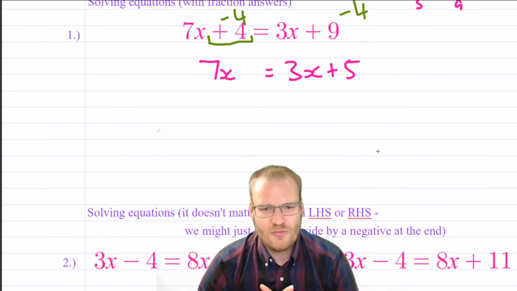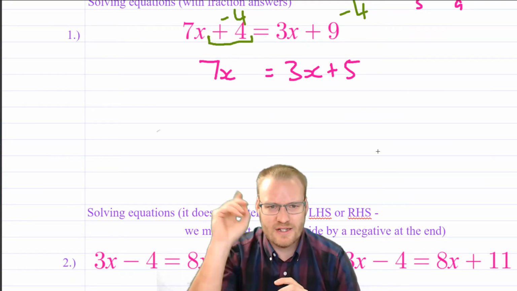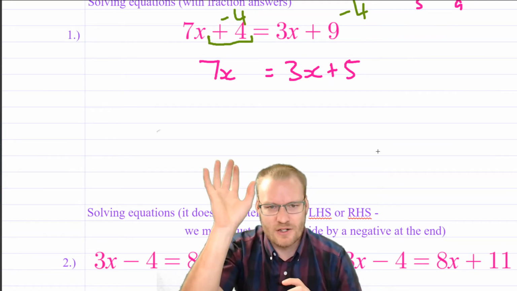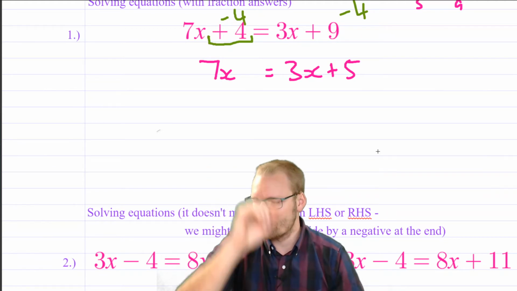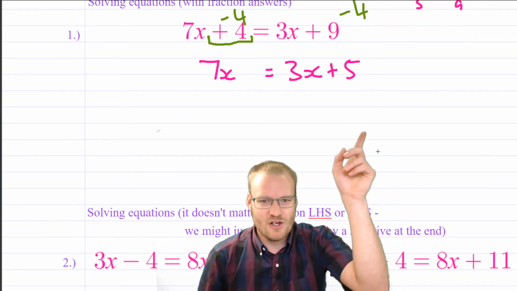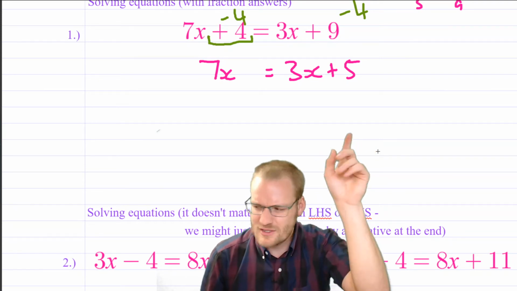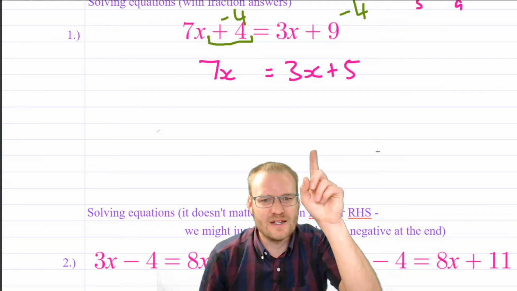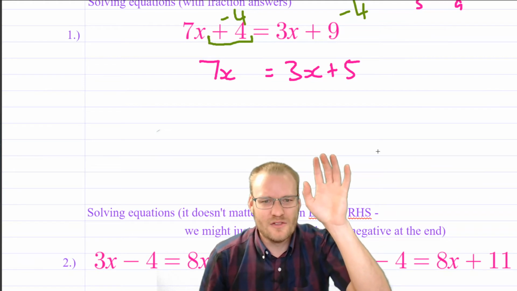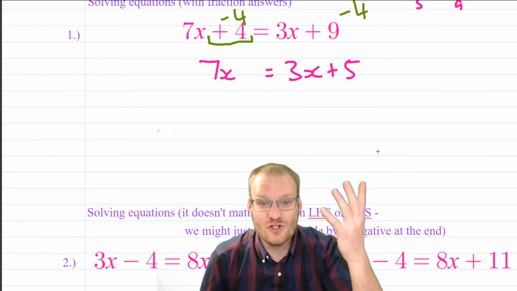Now, we've got x's on the left-hand side, but no constants, no non-x terms. And on the right-hand side, we've got x's and constants. So we don't want those 3x's there. How do we eliminate those 3x's from the right-hand side? What do we need to do?